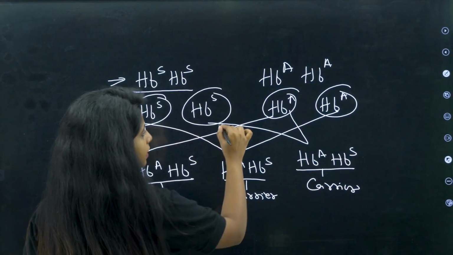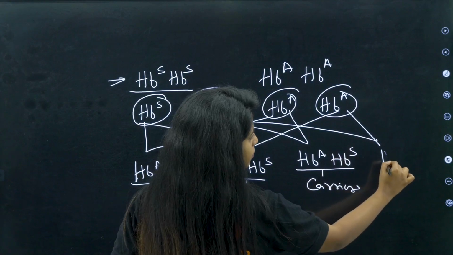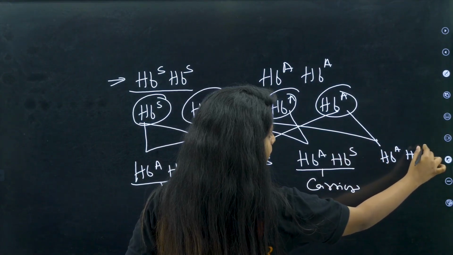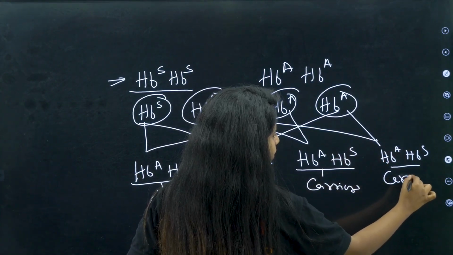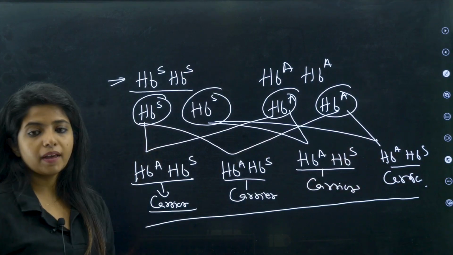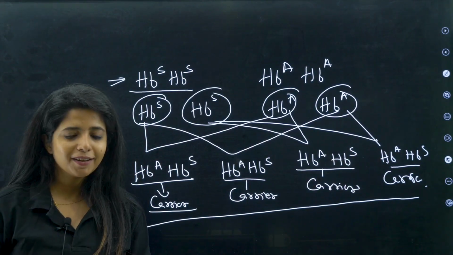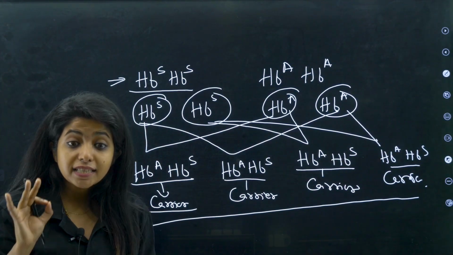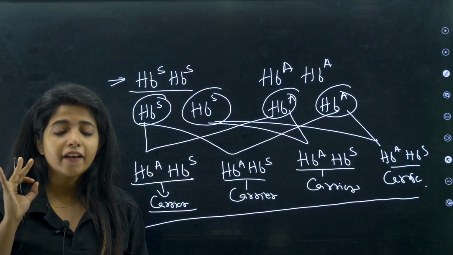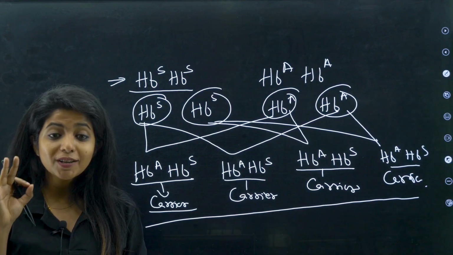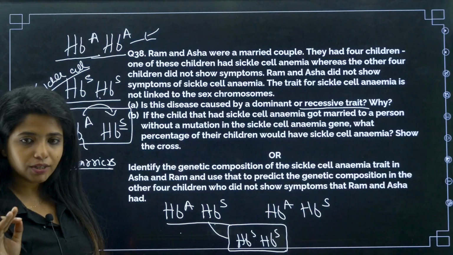Carrier. This and this fuse. Again what? Carrier. Is any of them having sickle cell anemia? They are just the carriers, none of them are affected. So, I will say 0% of them will be affected. How much? 0% of them. Got it?